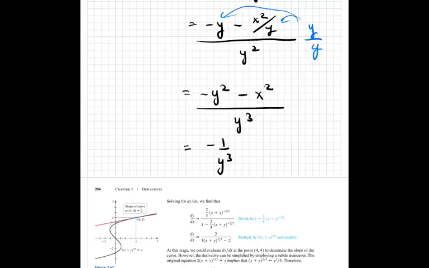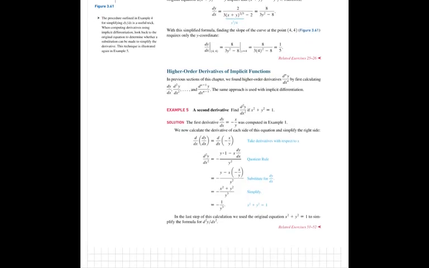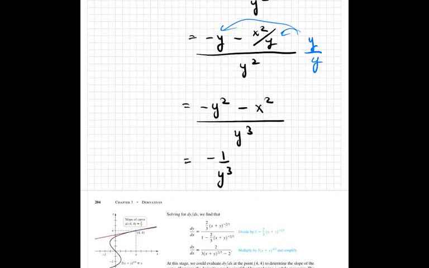Yeah, that one wasn't as smooth as I would have liked. In the last step, we used the original. That's fine. I might have to look up implicit differentiation of higher order, like second and third derivatives using implicit differentiation.